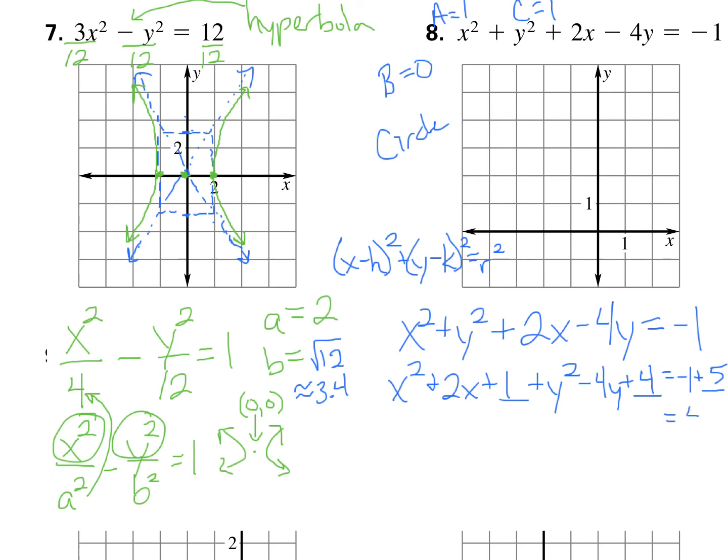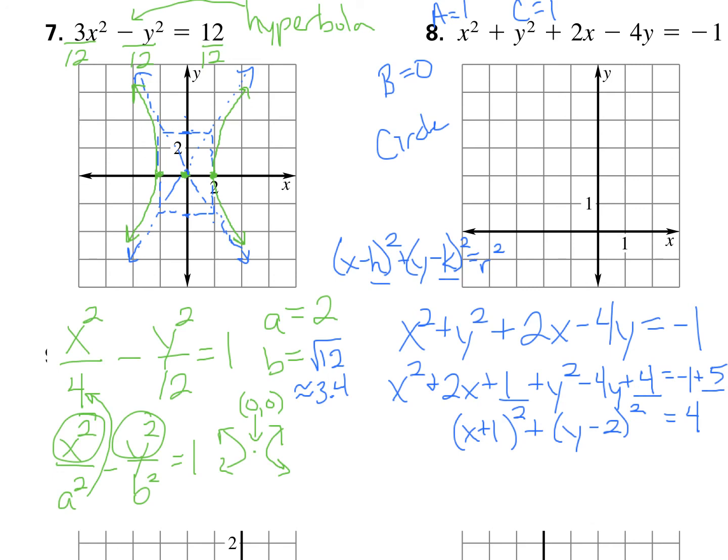So that gives me positive 4 on the right-hand side. And then if I rewrite these as binomial squares, that gives me x plus 1 squared plus y minus 2 squared. And now I'm written in my standard form of a translated circle.